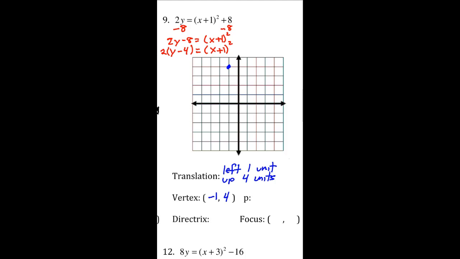And our p-value is going to be, let's see here, we got a 2, so we got 4p equals 2, so only a p-value of 1/2. Divide by 4 on both sides, 2 over 4 is 1/2. So we're just going to go down 1/2 for the directrix, and then up 1/2 for the focus.